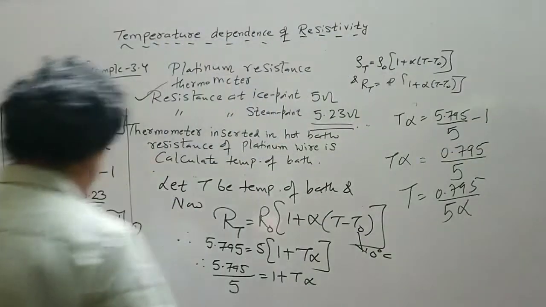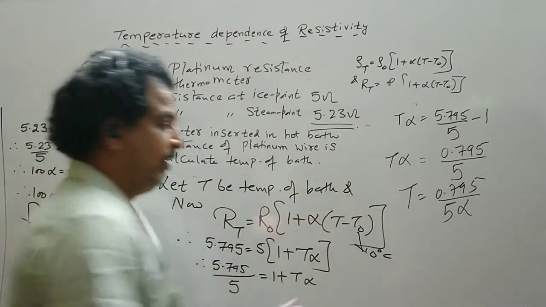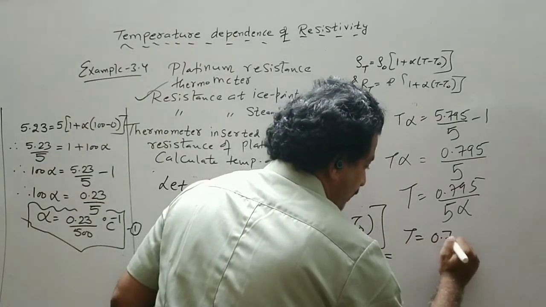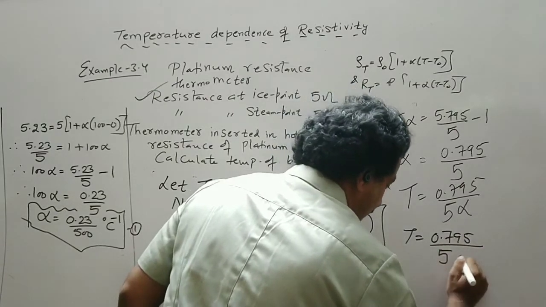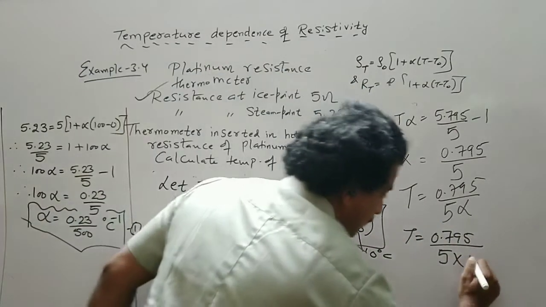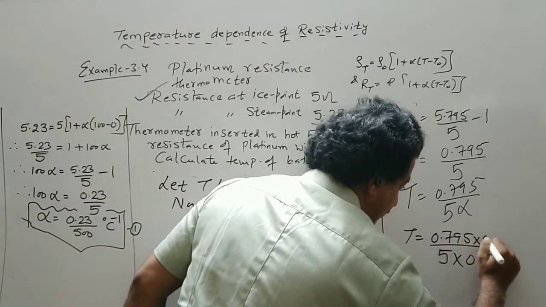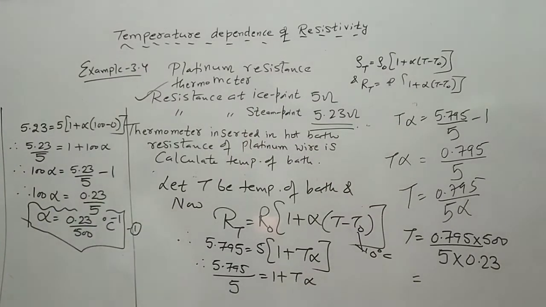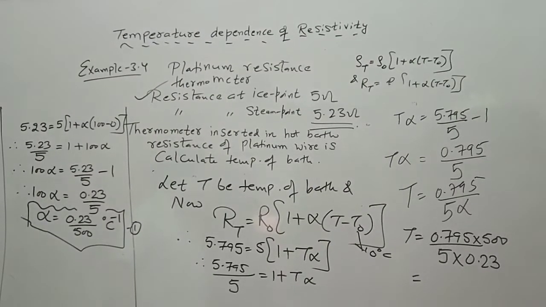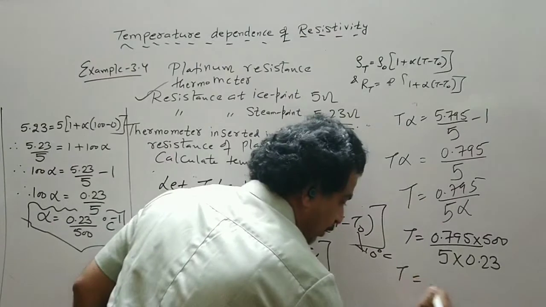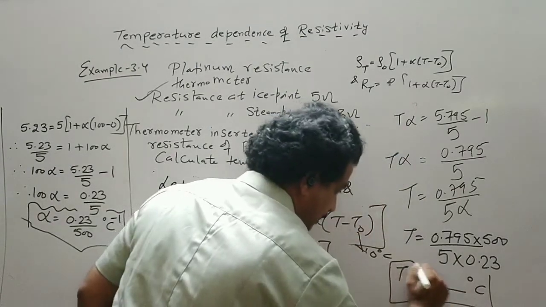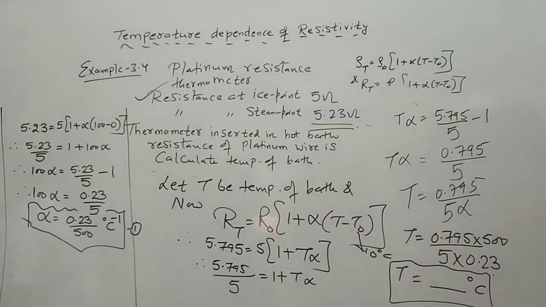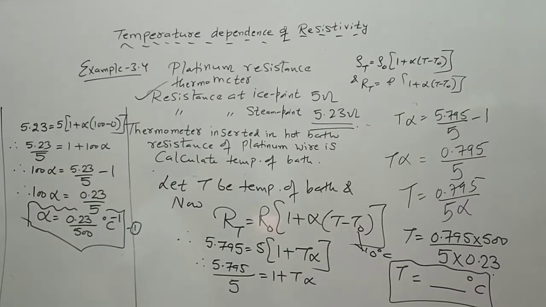Now you substitute alpha here: it should be 0.795 upon 5 into alpha, which is 0.23 divided by 500. So we substitute all these values and find out the temperature of the heat bath, and whatever answer comes, it is in degrees centigrade. So this is how we apply these formulas.